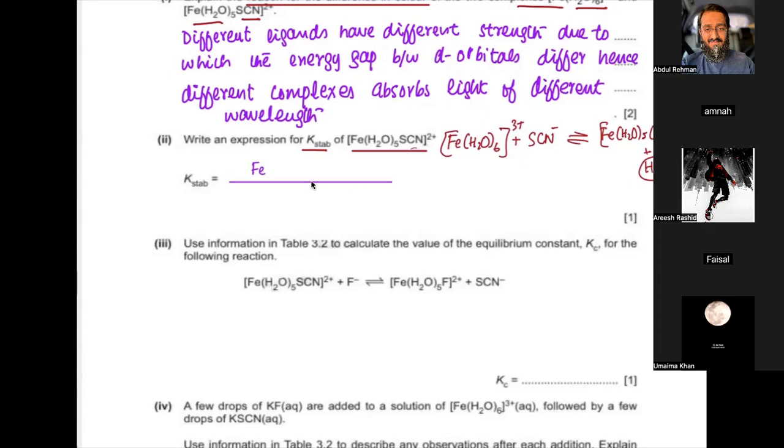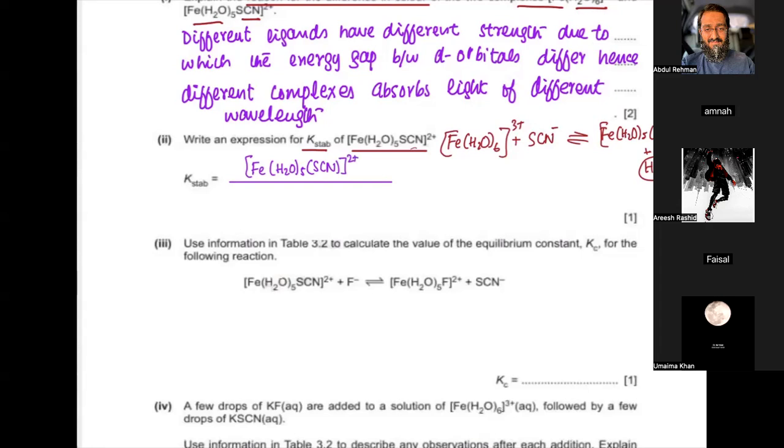in the numerator, we are going to write the complex which is formed as the product.